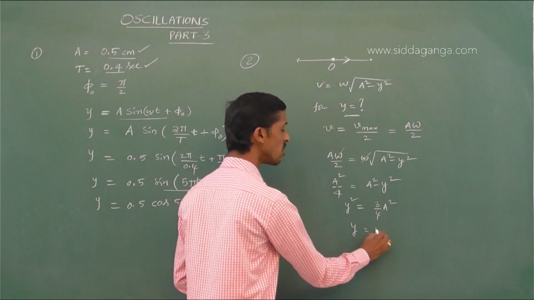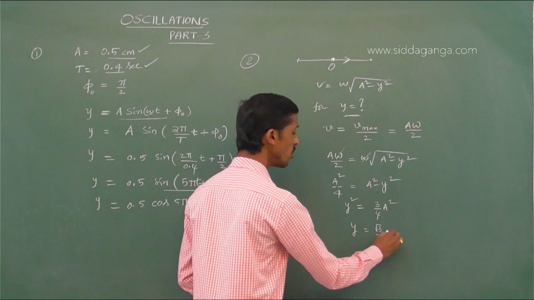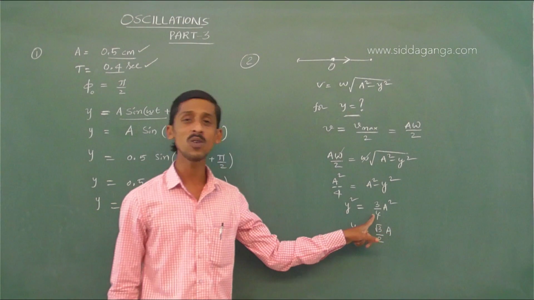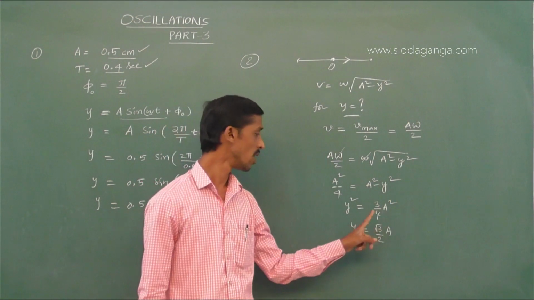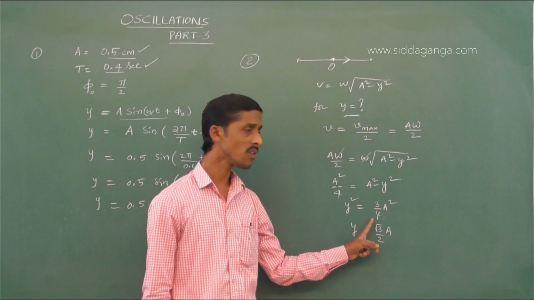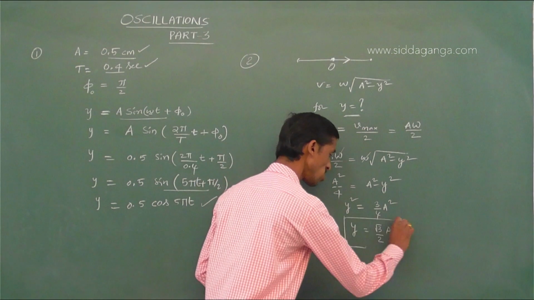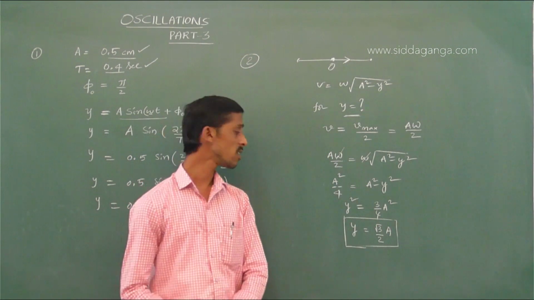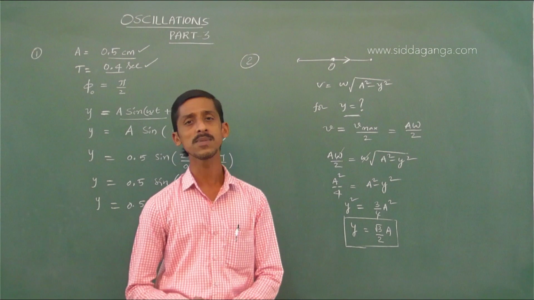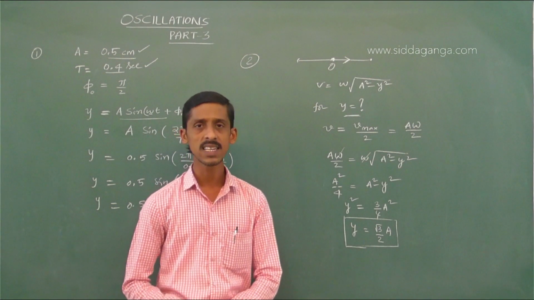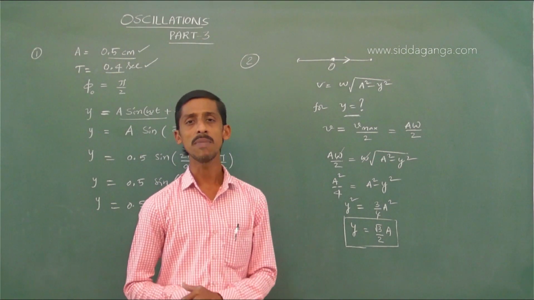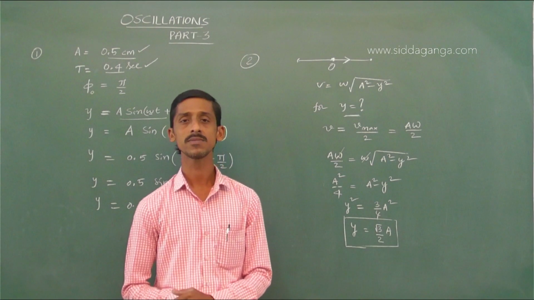Y is equal to root 3 by 2 A. So at a displacement of root 3 by 2 times the amplitude, the velocity will be half of the maximum particle velocity.